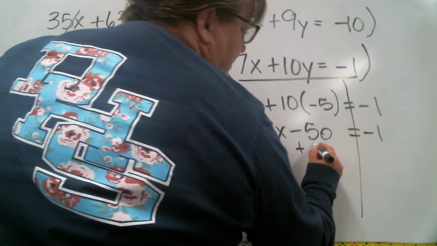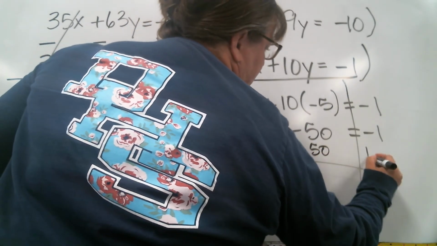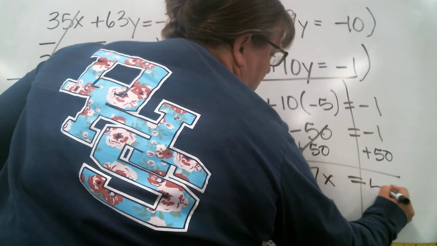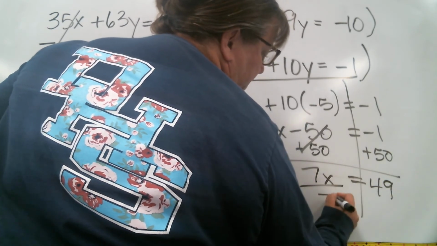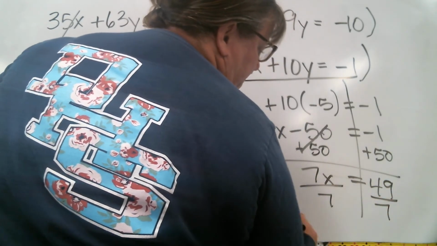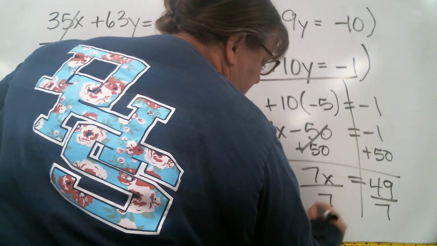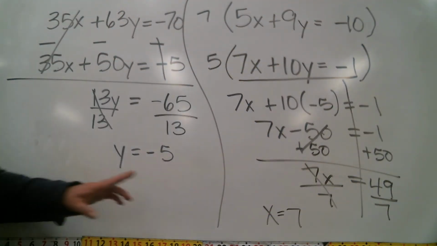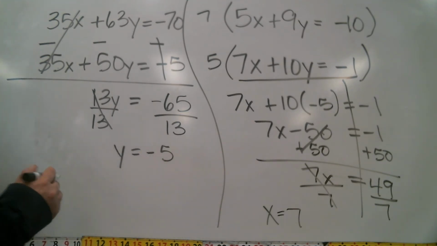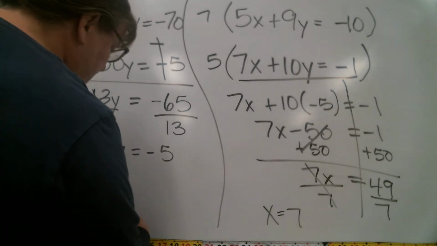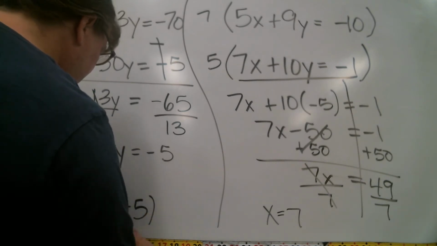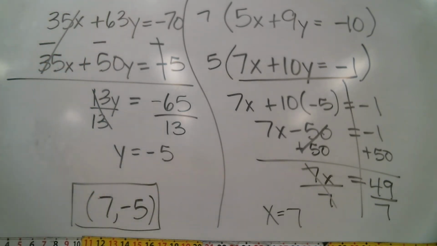I've got to add the 50. So I end up with 7x equals 49. And I know when I divide by 7, I'm going to get x equals 7. So I've got an x and a y to write as an ordered pair. So 7 comma negative 5. And there you go.